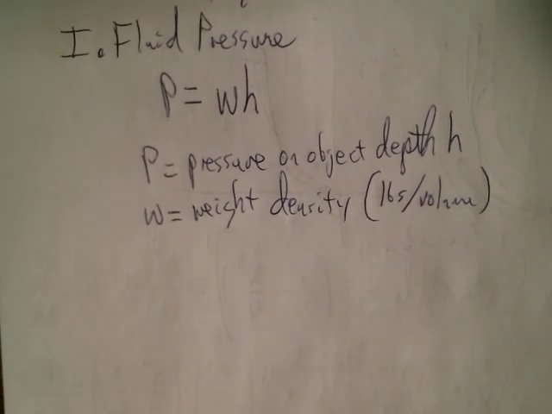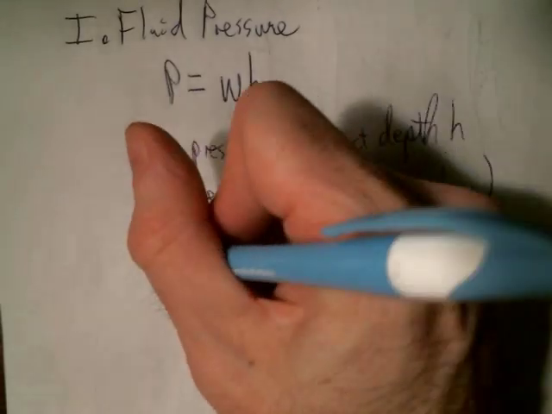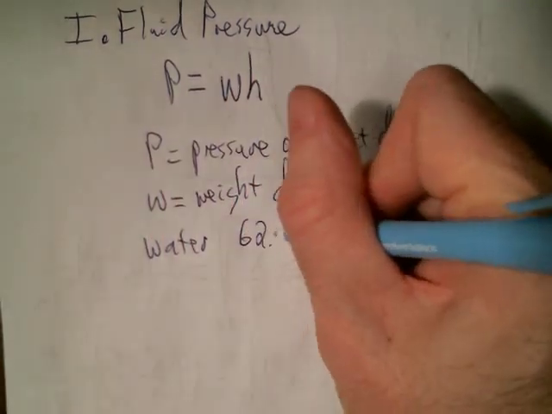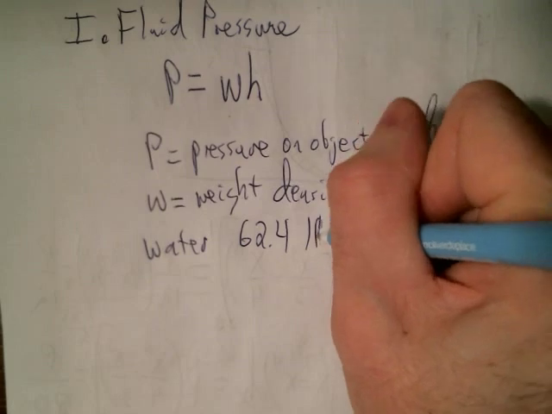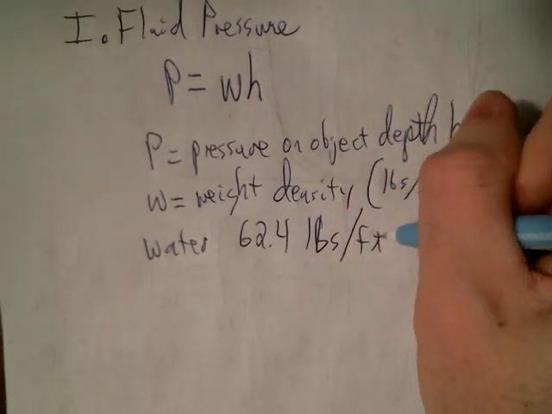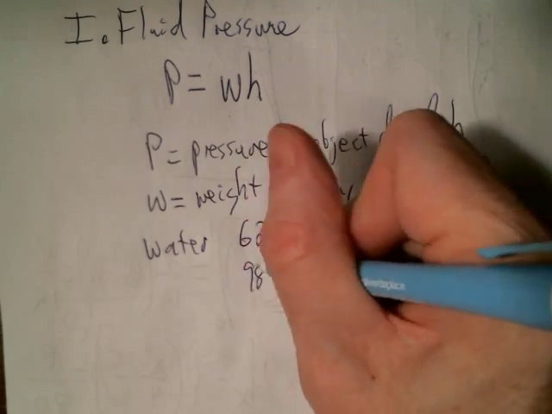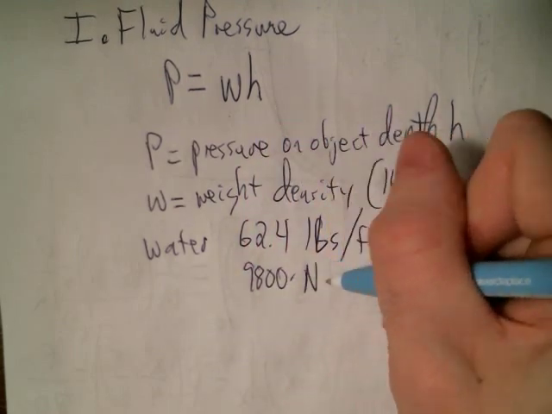So in particular, water, we saw this one before, is 62.4 pounds per cubic foot, or in metric, 9,800 newtons per cubic meter.